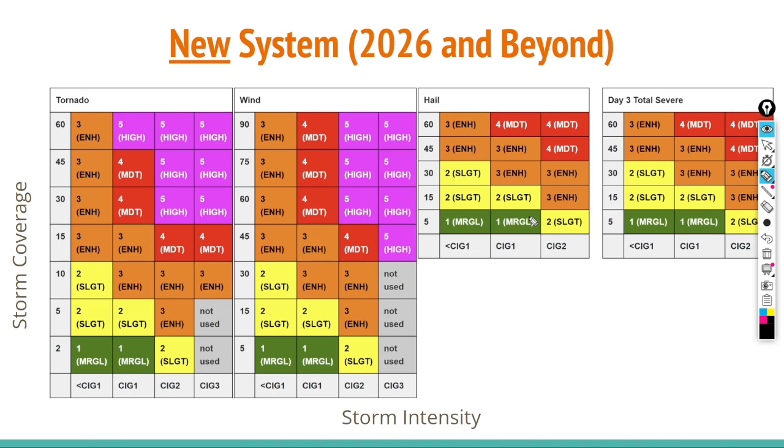We also have hail. This stays mainly the same, because there's no high risk in here. There is no high risk for hail because it doesn't cause as many, I don't know how to say this, impacts, I guess. It doesn't cause as many impacts as tornadoes or wind, because tornadoes cause a lot of damage.